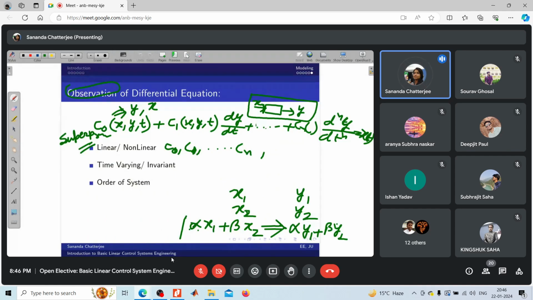Okay, so what I am asking is, by observation you can check whether it is linear, whether it is time varying or time invariant, and what is the order of the system. These three things you can check by observation. So the question is, can you give me one example of this time varying system? One time varying system.